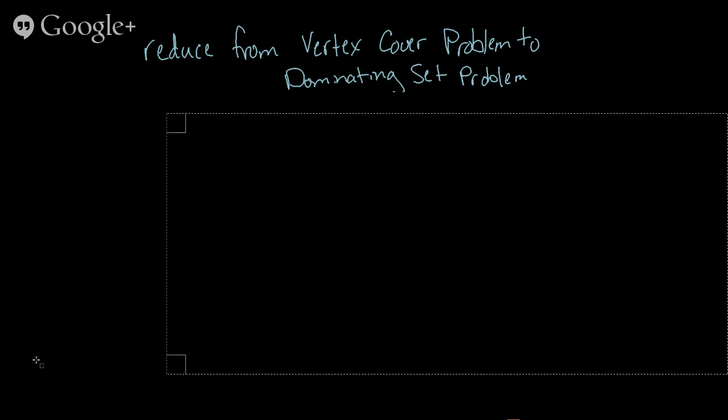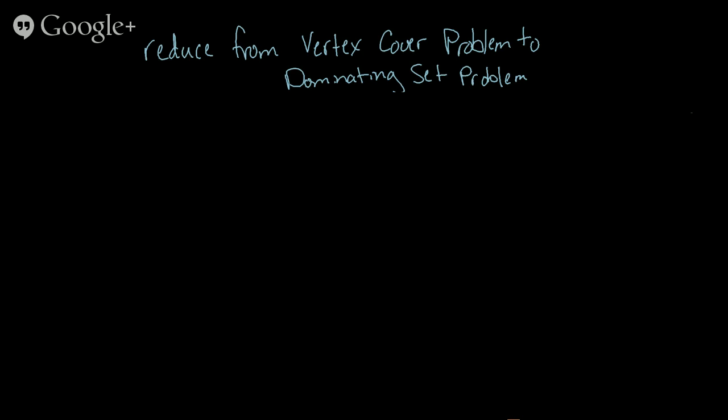So let's delete that. We'll one more time redraw this graph. And I'm just going to, again, give you a push in the right direction and see if you can take it from there. So this was our graph.